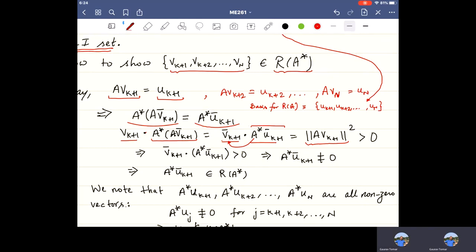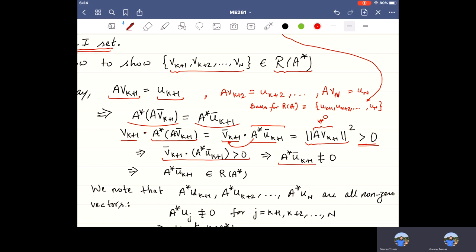Norm square means, and because A v_{k+1} is not 0, this is not equal to 0. That means this norm has to be greater than 0. It cannot be equal to 0 also. Going by that, we know that v_{k+1} dot A star u_{k+1} is greater than 0. That means none of the two vectors can be 0.